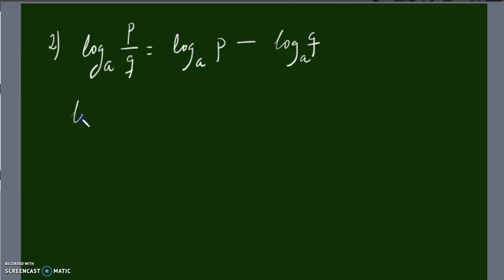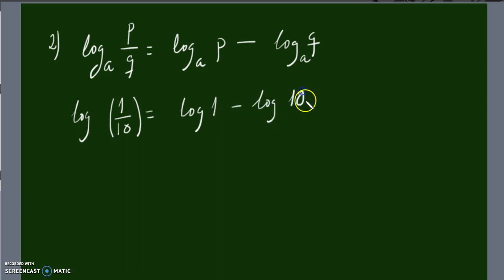If you have this logarithm of 1 over 10, this is a 10. You see that there is no base, but when there is no base, it's 10. So we can write this as logarithm of 1 minus logarithm of 10.